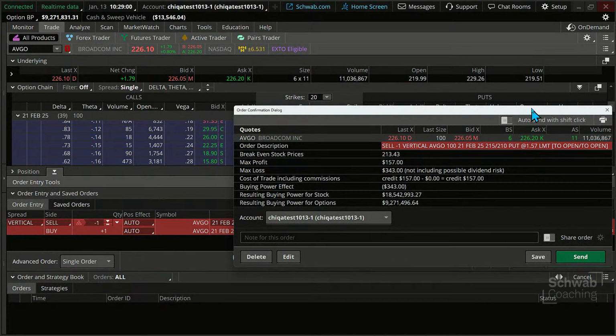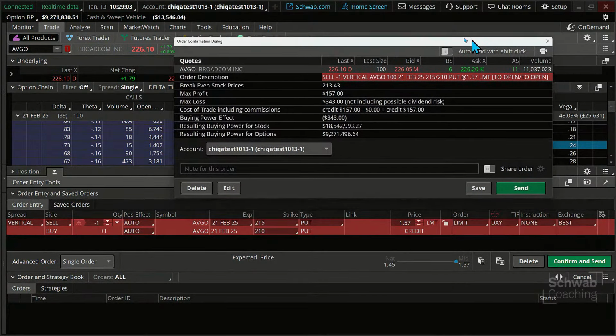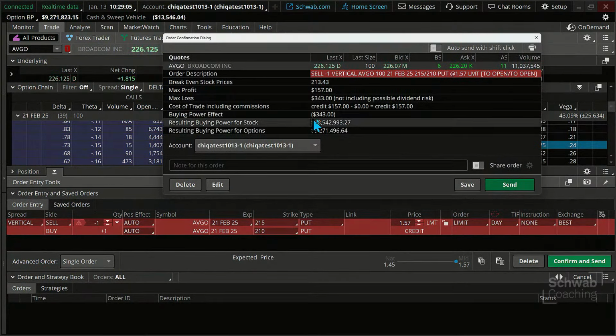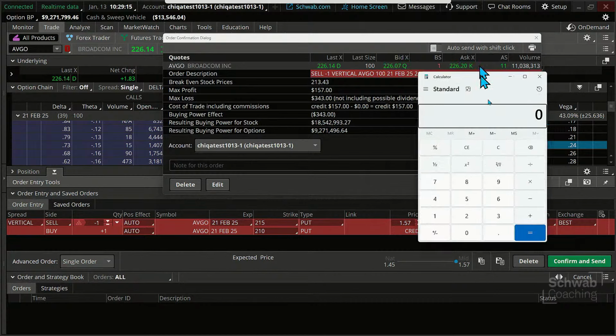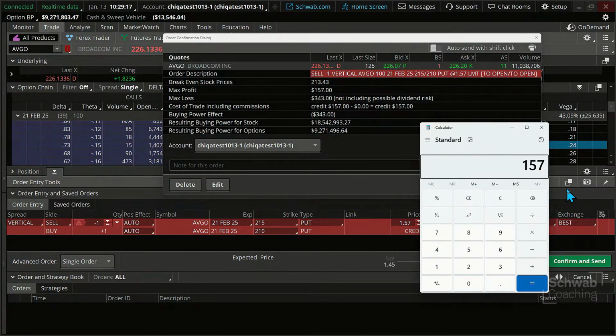We can see that this buying power effect is going to be held within, again, that 5-point range. But because that's a larger number, I guess you'd say numerator, in terms of the equation, 157, we should exceed ANET and Google both, divided by the 343, which is the buying power effect there.